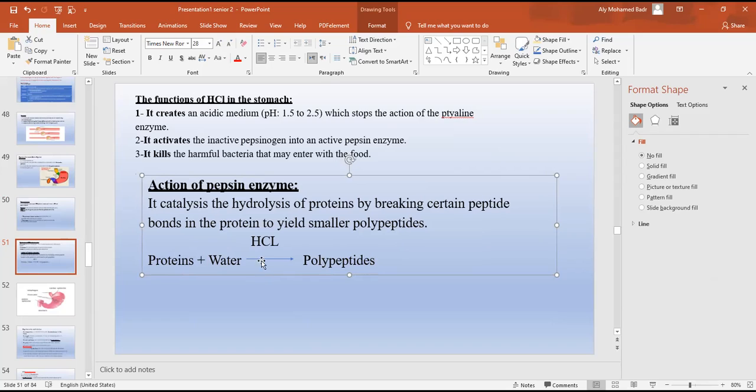So inside the stomach there is no complete digestion, incomplete digestion.